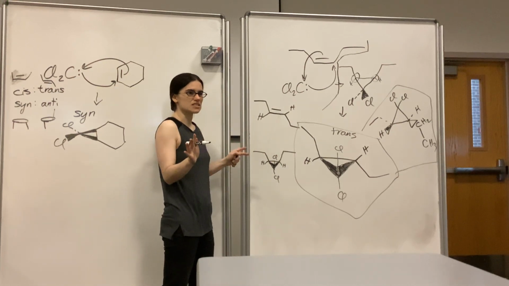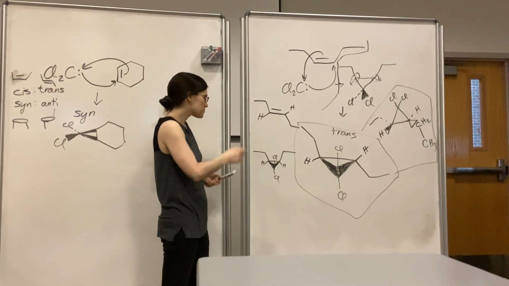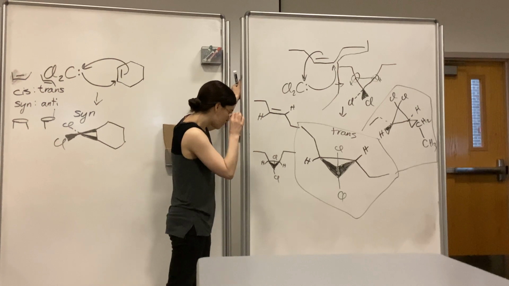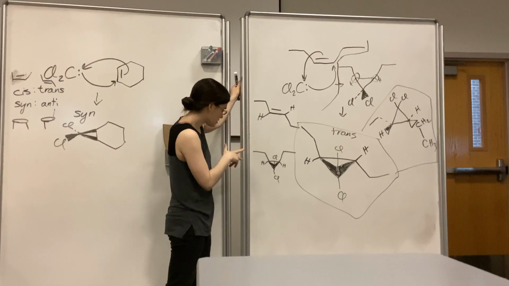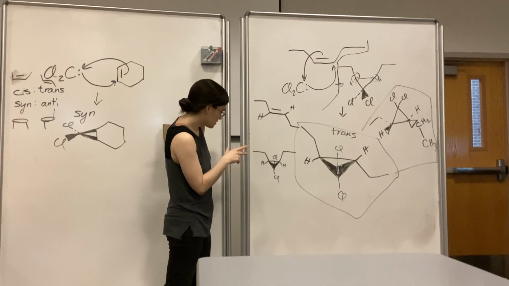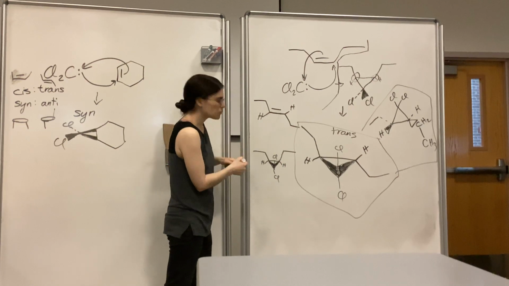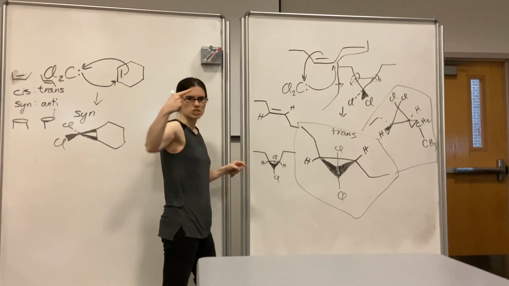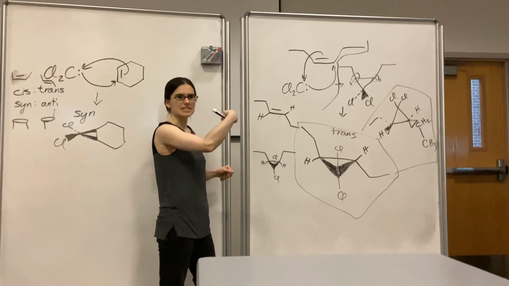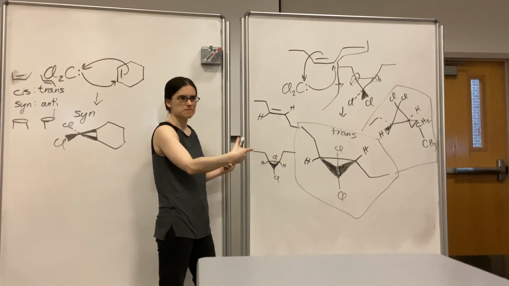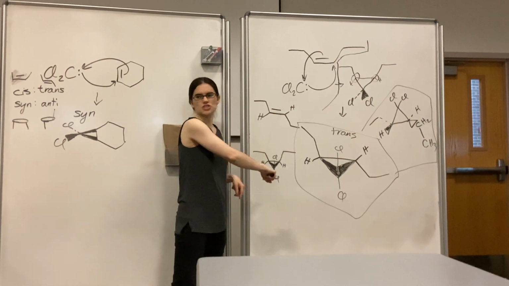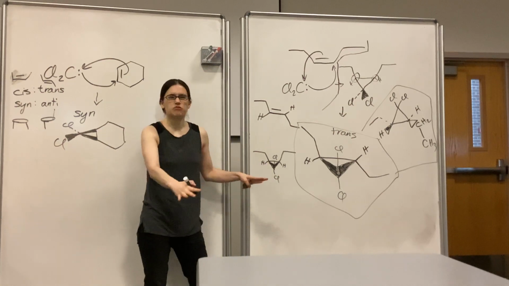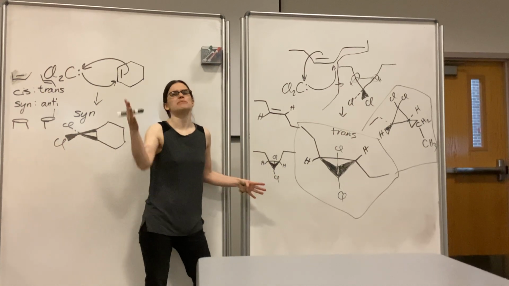And it looks like it doesn't super matter, except usually we draw it where one of them is going into the board directly, and then we try and make that the hydrogen, right? In this case, the way that this is drawn, I don't exactly have one thing going into the board, but I do have one thing coming out of the board.